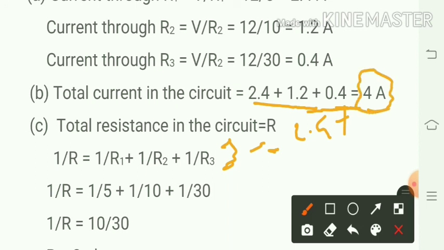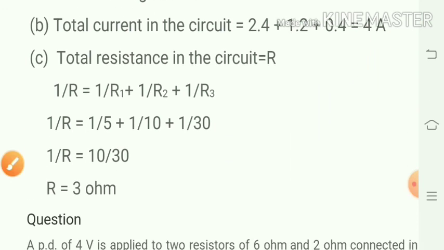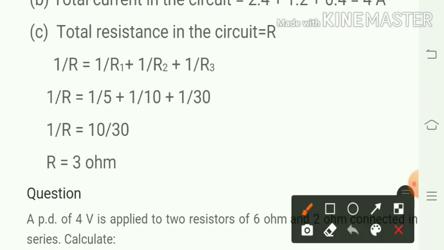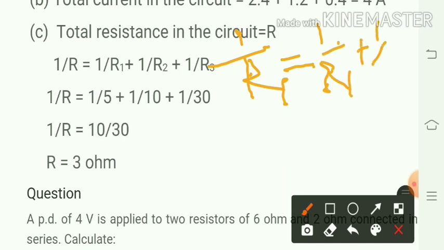The total resistance in the circuit can be calculated as follows. Here all the resistors are in parallel combination. Therefore, for the resultant resistance, 1/Rp = 1/R1 + 1/R2 + 1/R3.